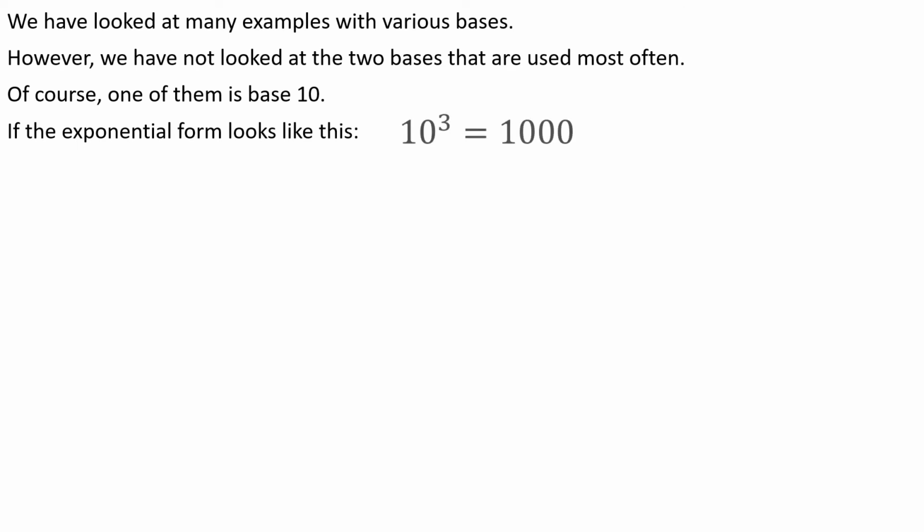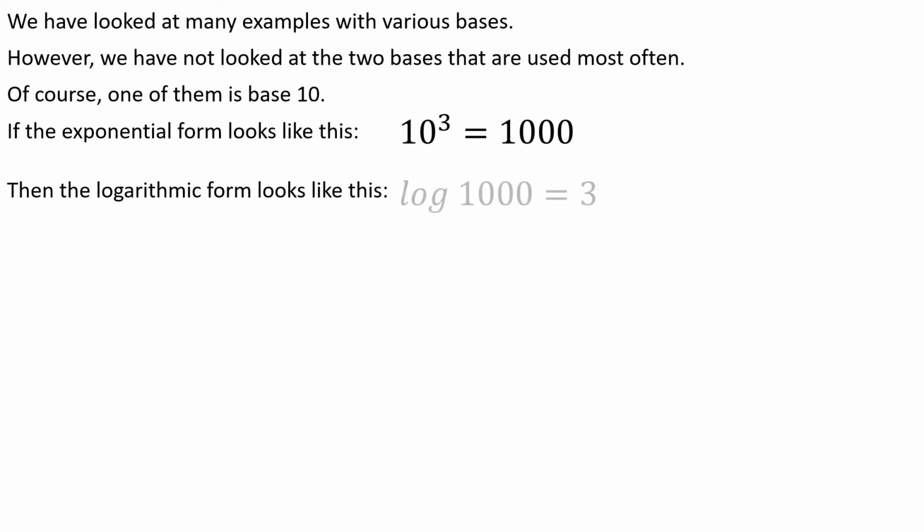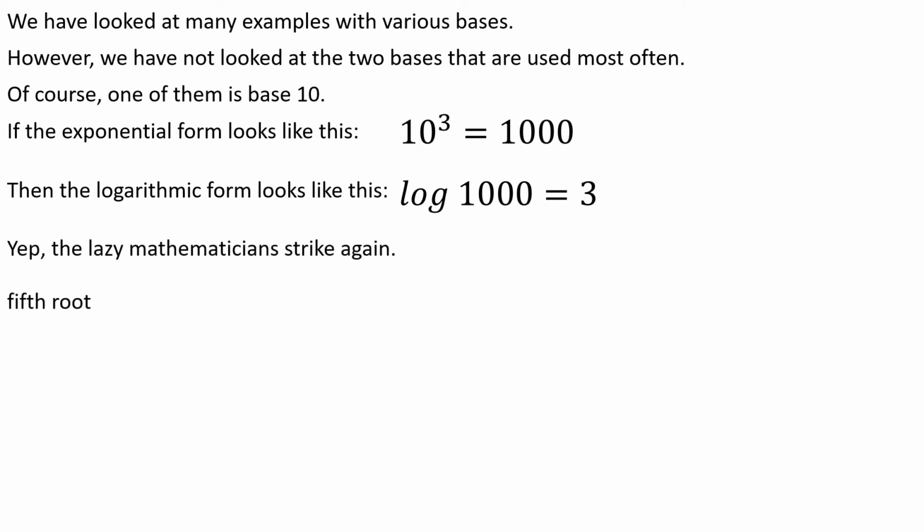So if the exponential form looks like this, 10 to the third power equals 1,000, let's rewrite it in logarithmic form. You ready for this? Log 1,000 equals 3. Now maybe you're thinking I made a typo. You're like, hey, shouldn't it be log base 10 of 1,000 equals 3? Well, here come those lazy mathematicians.